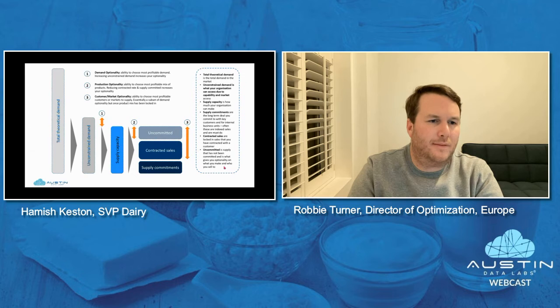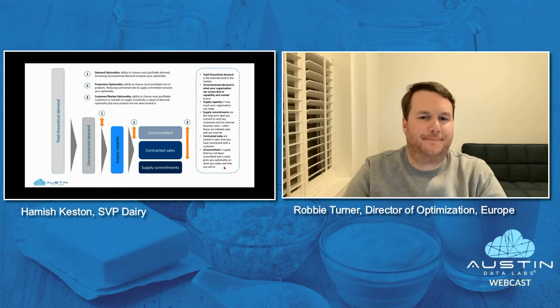And the reason you want your unconstrained demand to be greater than the supply capacity is, not all customers pay the same, not all customers require the same specs, etc. And so by having more demand than supply, it allows you to pick the most profitable demand. And obviously increasing your unconstrained demand would increase your optionality.